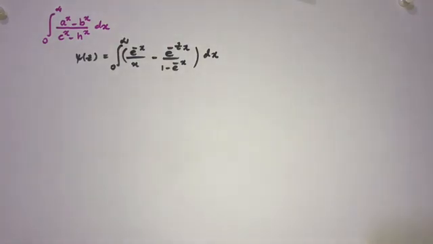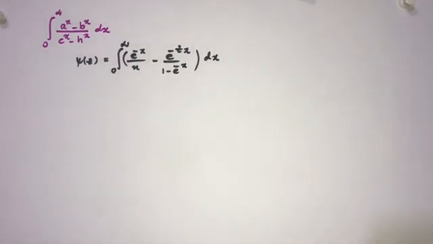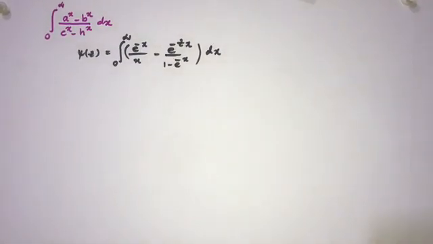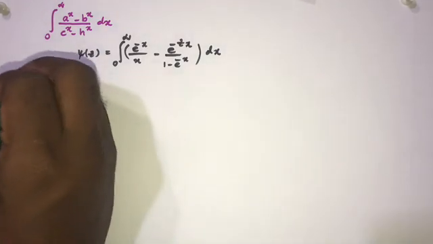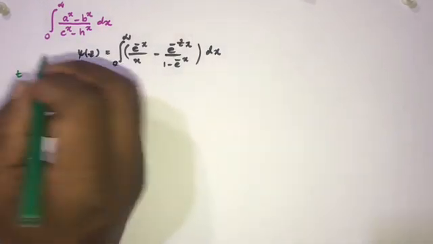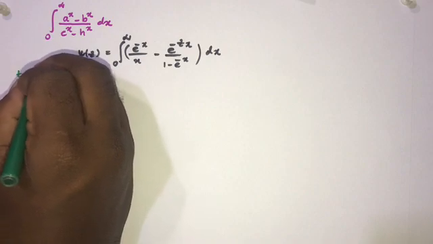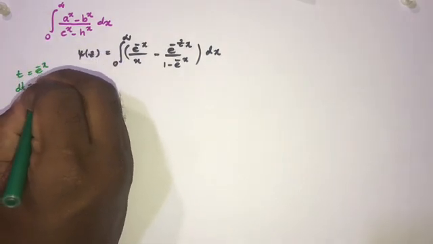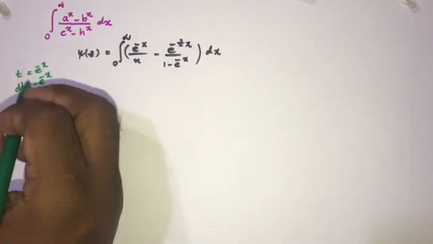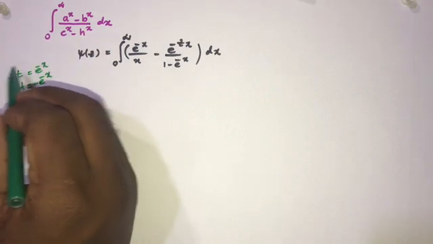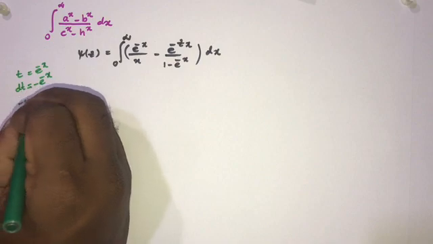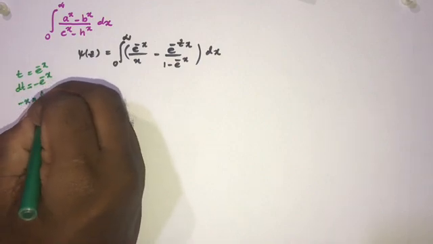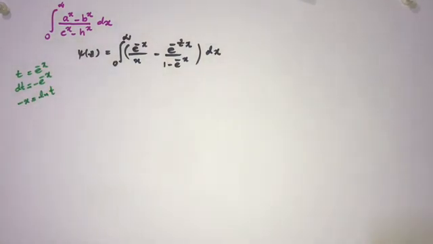Okay, then I'm going to use a substitution. If we take t equal to e to the minus x, then dt is equal to minus e to the minus x dx, and if we take natural log on both sides, we can write minus x is equal to natural log of t.